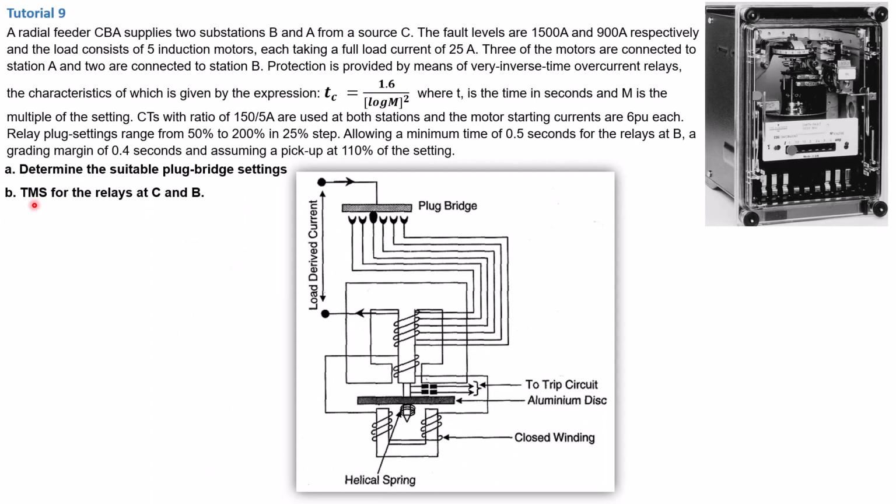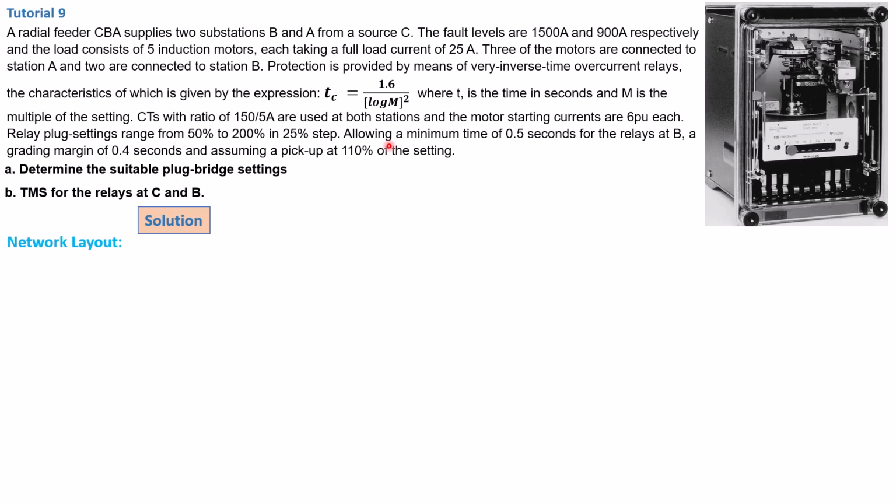And we also need to find the TMS, the time multiplier setting, for the relays at C and B. Great. Now the best approach to start solving this type of problem is to always draw your network layout. So let me go ahead and bring the layout for this problem statement.